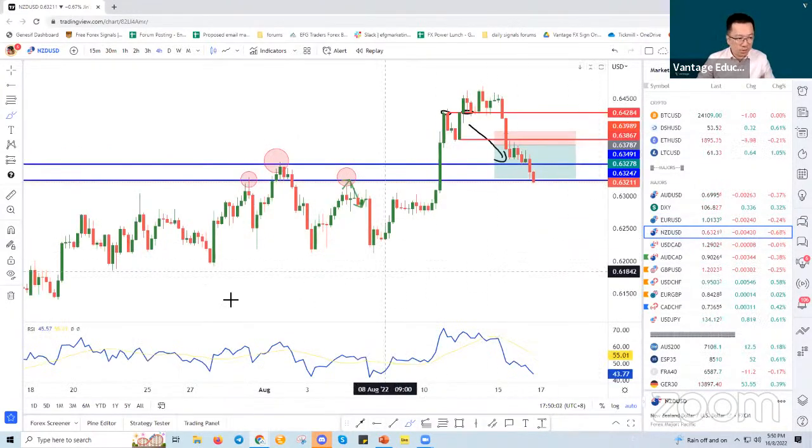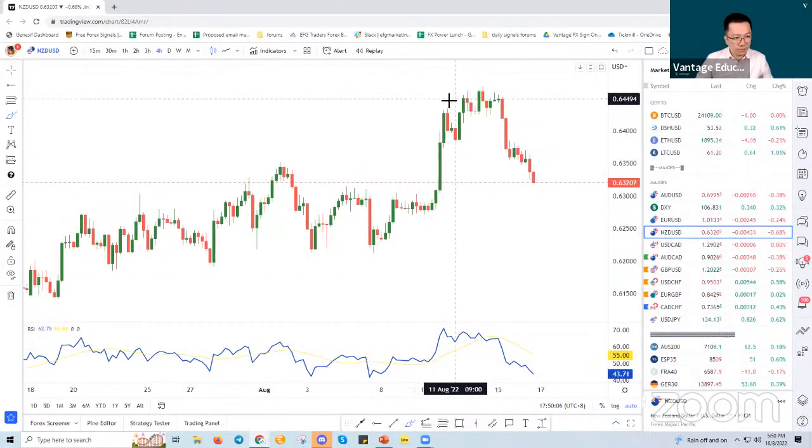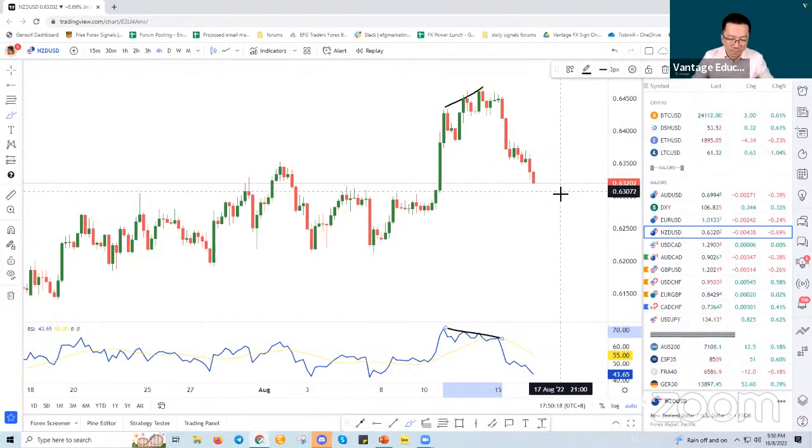Let's look at the Kiwi dollar. Well, we can see here as well, price pushing up, this RSI pushing towards the downside, again leading to that move. Expected that also because of the correlation between the Kiwi dollar and the Aussie dollar. So that's a similar move.